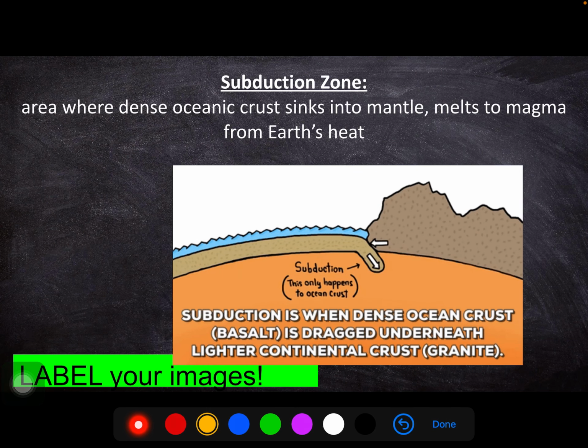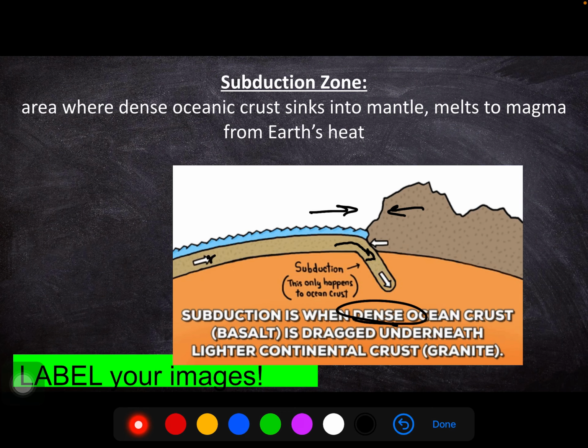So one of our biggest features at this boundary is something called a subduction zone. When you hear convergent, this is what should automatically pop in your mind. You can see here on this diagram that as these crusts are moving together, we're seeing one go underneath the other. And that goes back to that density idea.